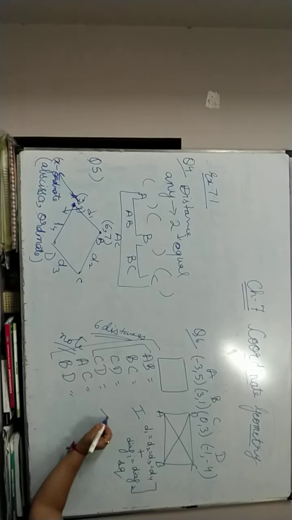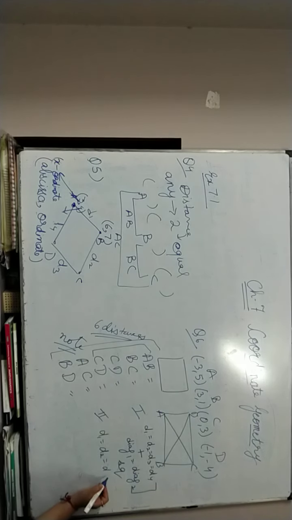Second, if all distances AB, BC, CD, DA are equal, but the diagonals are not equal, then these are the qualities of a rhombus.